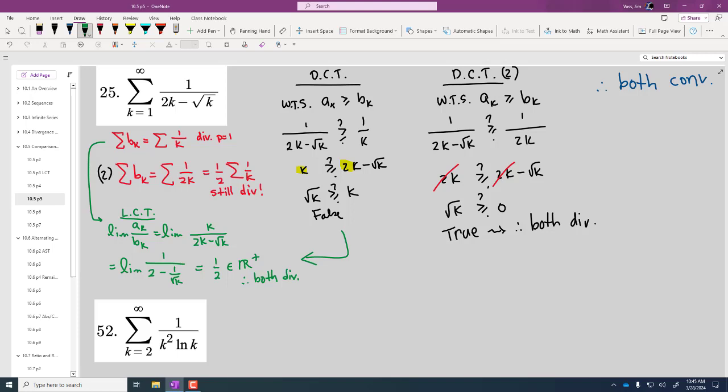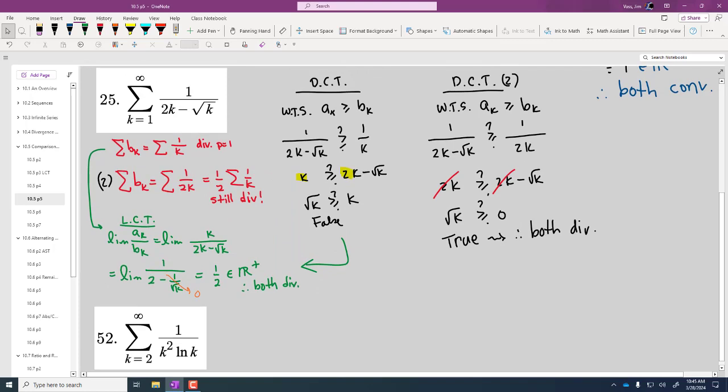So if you divide the top by k, you get a 1. Divide the bottom by k, you get 2 minus root k divided by k, which is 1 over root k. And then that little fraction goes to 0, so the limit is a half. That's a positive real. Positive real means they both do the same thing. So you could do it that way as your conclusion instead of modifying your b sub k.